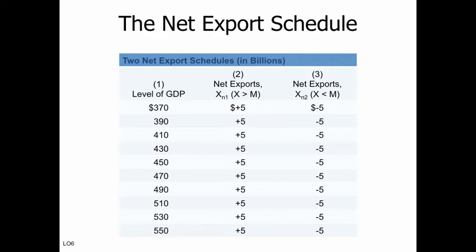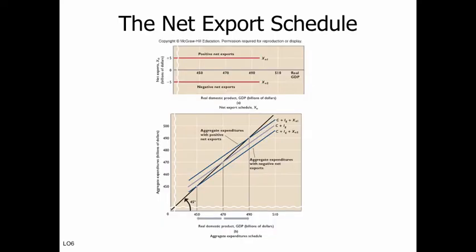And in the third column, net export spending is negative, so spending on exports is less than spending on imports, again by $5 billion. So the net export spending amount can be positive or negative. And again, it's all about the relationship between the amount of money spent on exports and the amount of money spent on imports.